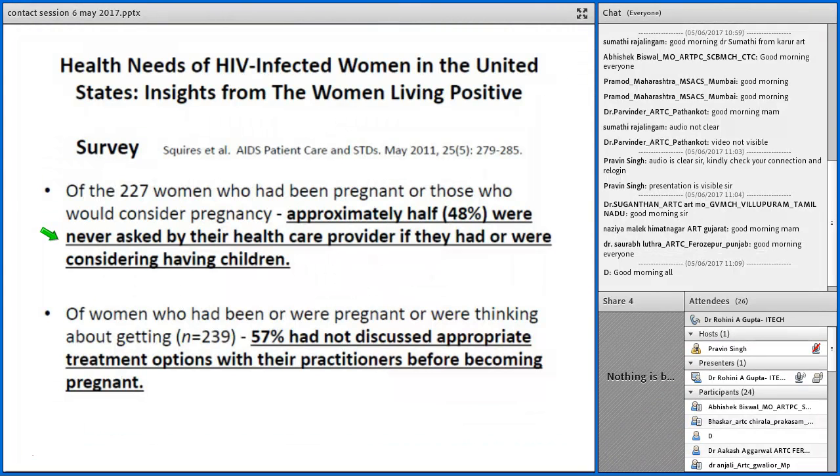So, what is the important insight we need to know about HIV positive women? There was a survey published in AIDS Patient Care, May 2011, of women who have been pregnant or would consider pregnancy. Approximately half were never asked by their healthcare providers if they had or were considering having children.